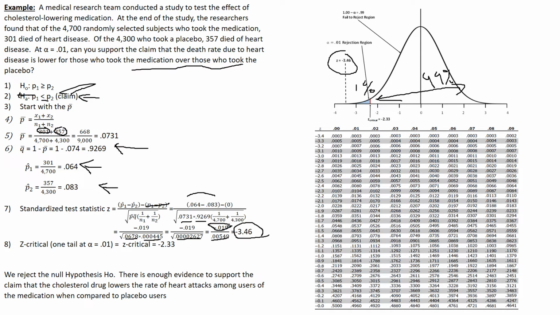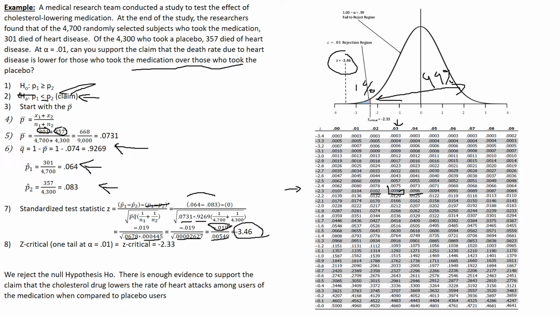The closest I get is right here, 0.0099. That is the closest to 0.0100, because this is 2 away and this is only 1 away. 0.0096 is 4 away, 4 ten-thousandths. So we're going to go with negative 2.33 right there.